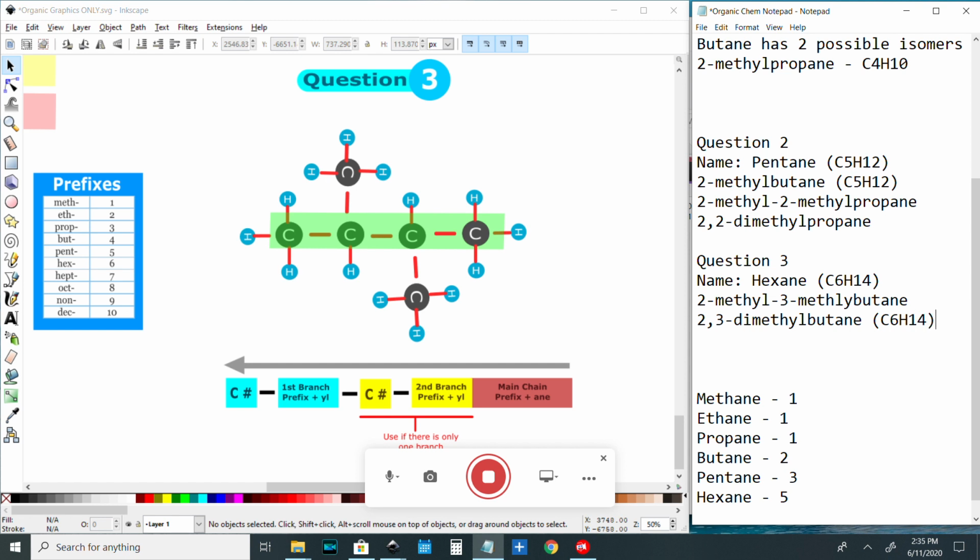So it meets the criteria for an isomer. It has the same amount of carbons and hydrogens, the same molecular formula, in other words, and they look different. They have different structural formulas, and because of the different structural formulas, they have different names.